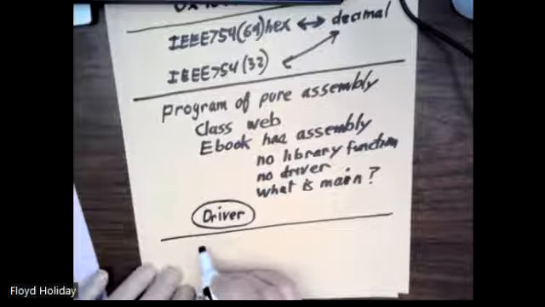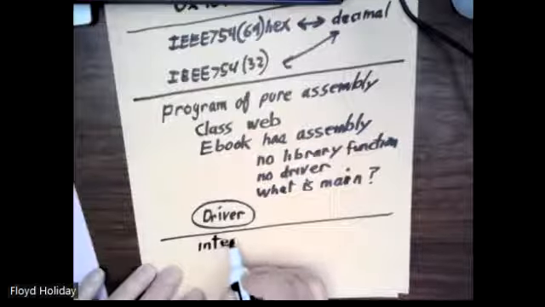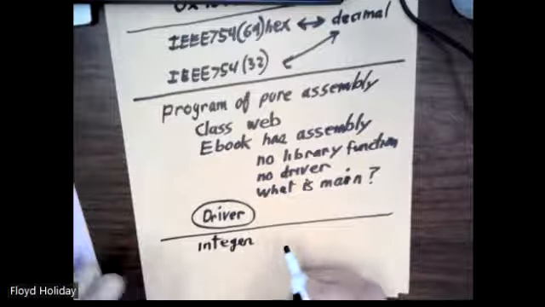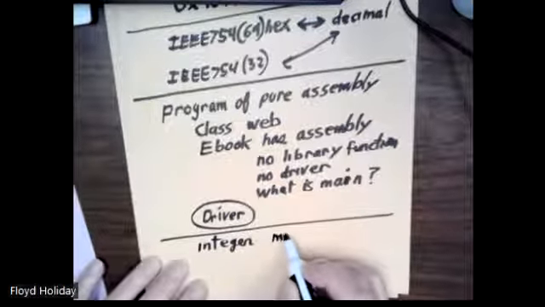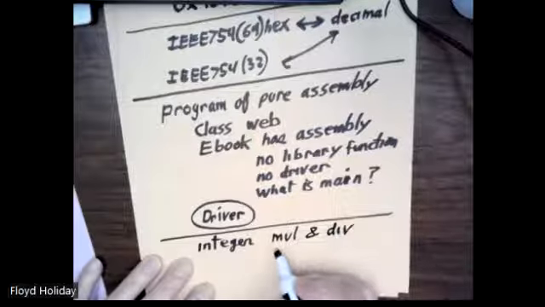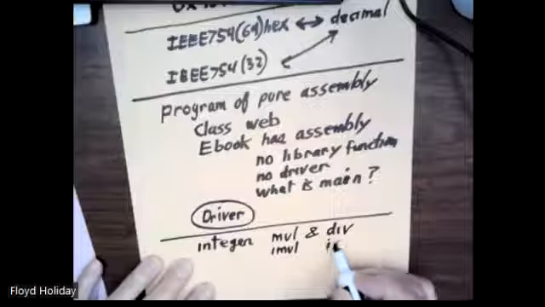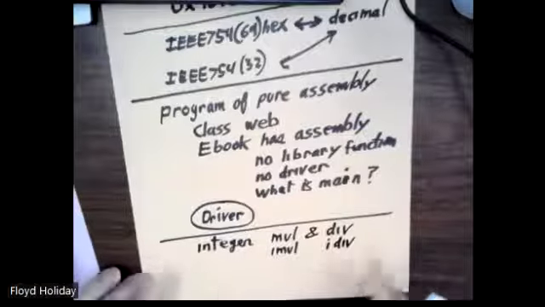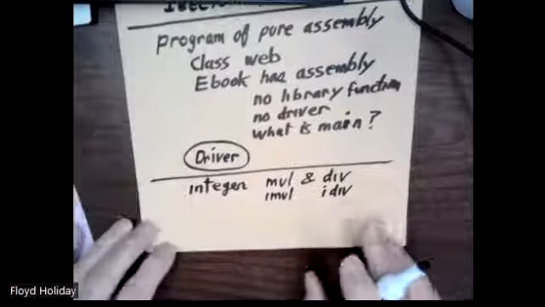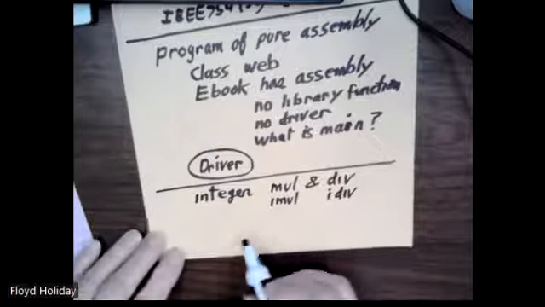Be aware of integer operands with mul and div, or for that matter, imul and idiv. Okay, these are two cases. I don't think this applies to add and subtract, but it applies to multiplication and division.